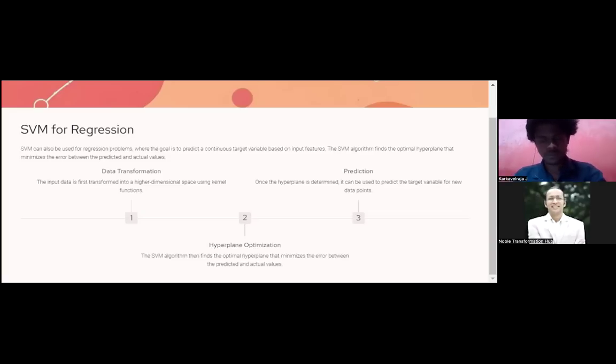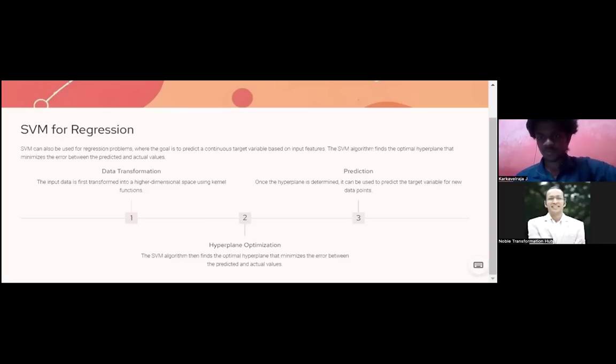So there is a sequential chronology. This is conceptually what and why things happen, and then you will see the mathematics and the application. This is how SVM for regression behaves.